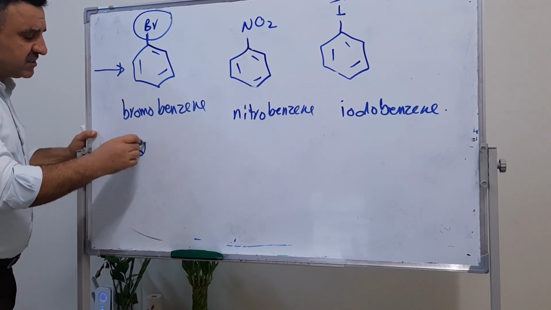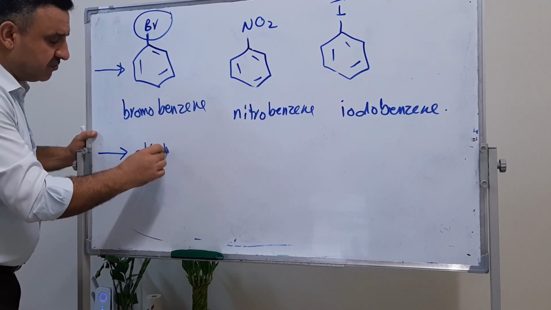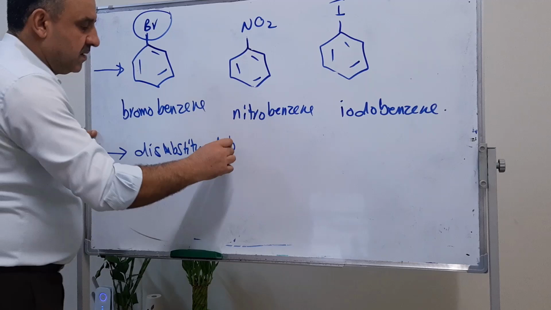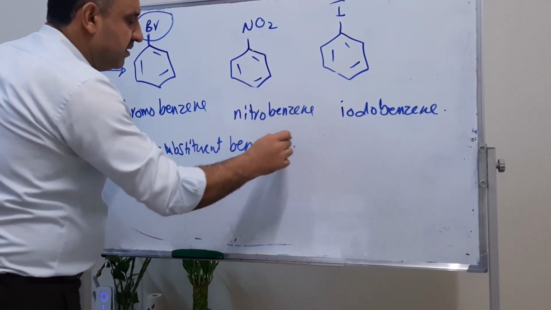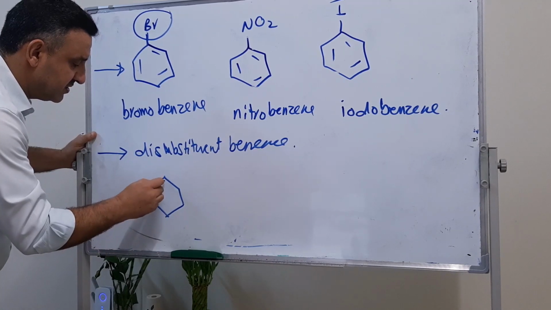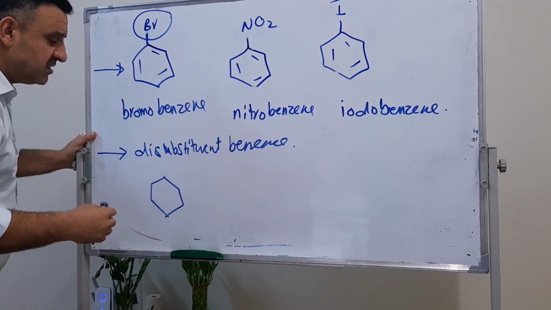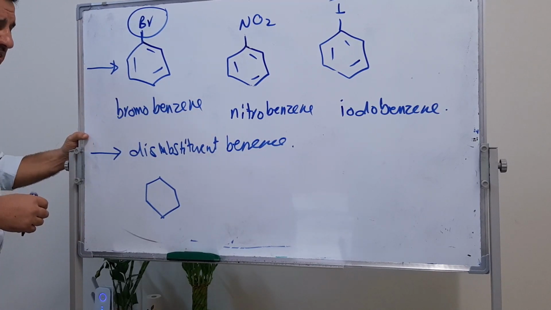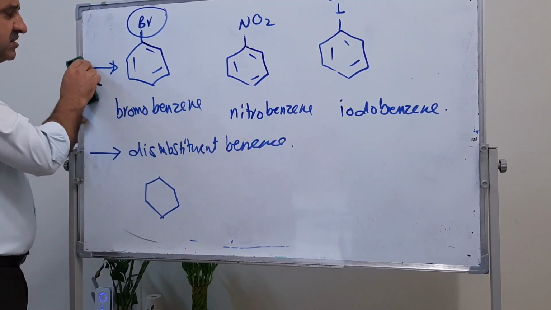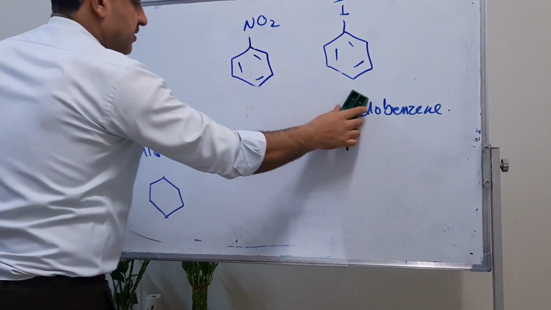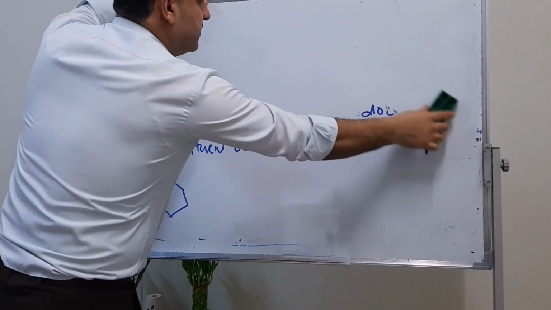For disubstituted benzene, imagine, for example, we have two bromine atoms attached to the benzene system. In this case, we will have three possibilities for the two bromines to be attached. Let me just erase this. Maybe this is clearer in this size.